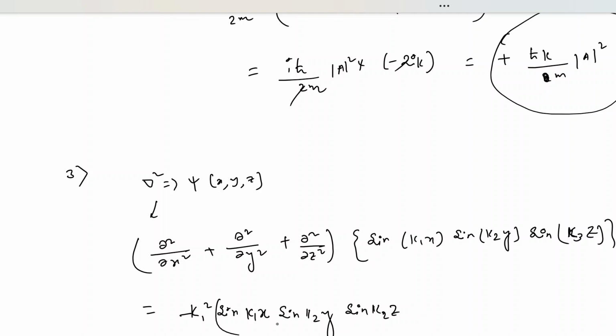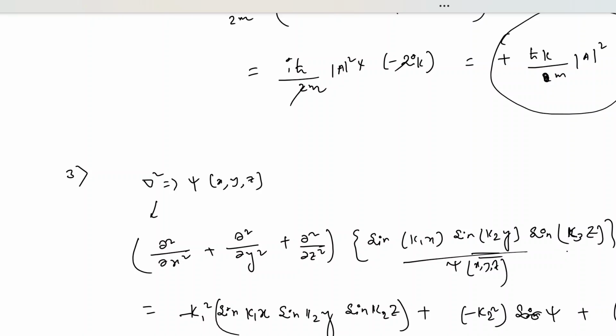Then for the second term, when you take the derivative with respect to y twice, you will get minus k2 squared from this term, and the other two terms remain intact. Let's say this whole thing is our psi xyz, right? So you can get back the whole psi, and a similar thing happens for the derivative with respect to z as well. So you are finally getting minus k1 squared plus k2 squared plus k3 squared into psi.